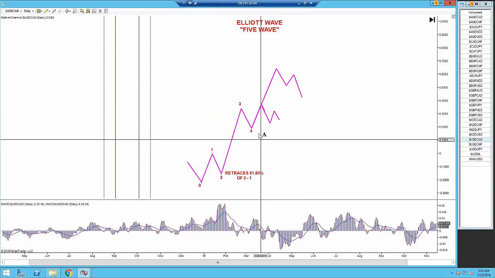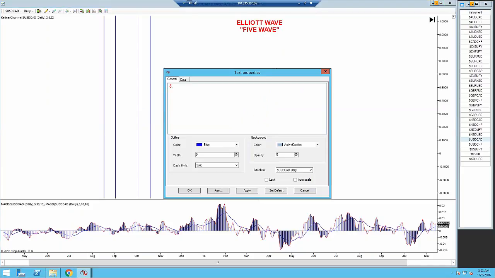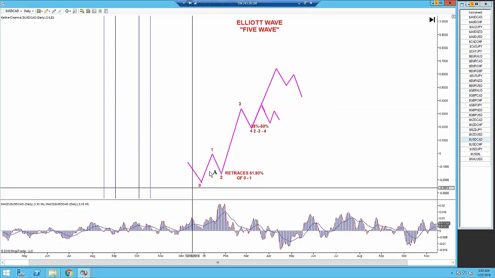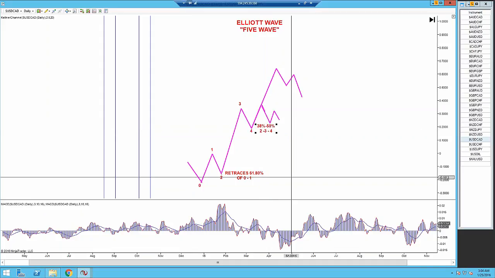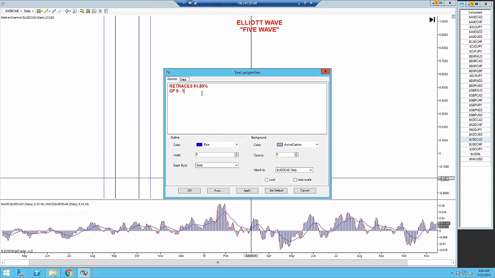Fair enough? So this right here will have a retracement of 38 to 50%. What that means, and I'll show you from 2 to 3 to 4. 0, 1, 2. Okay.